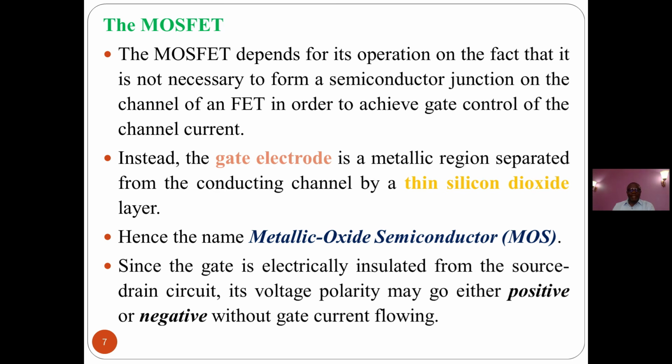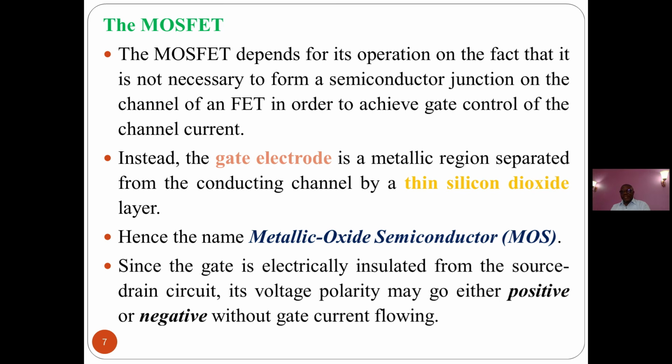Instead, the gate electrode is a metallic region separated from the conducting channel by a thin silicon dioxide layer. Hence, you have the name metallic oxide semiconductor, MOS.